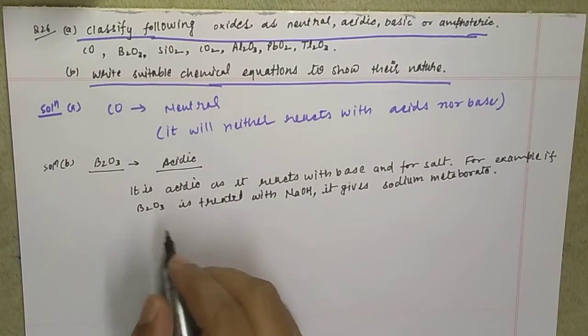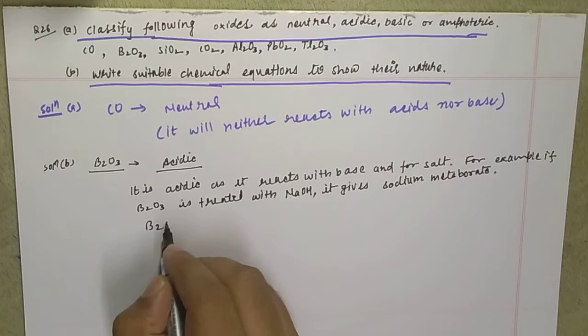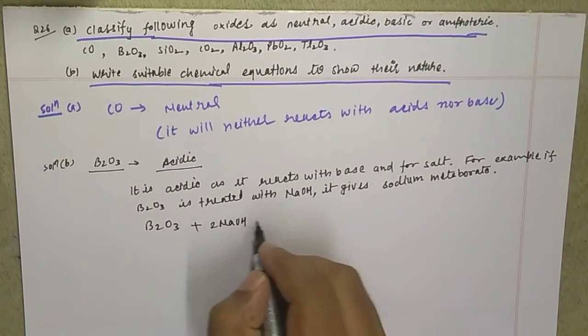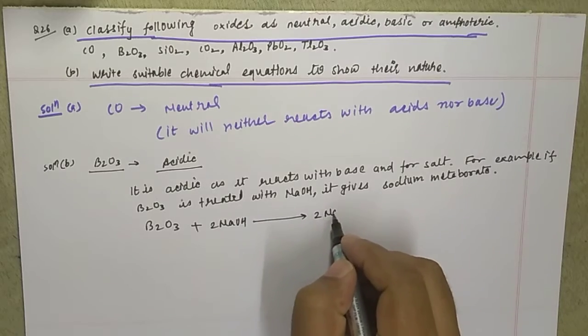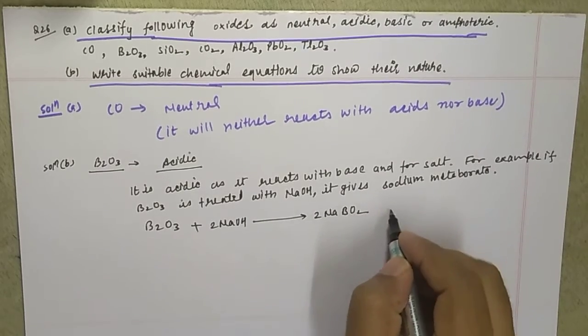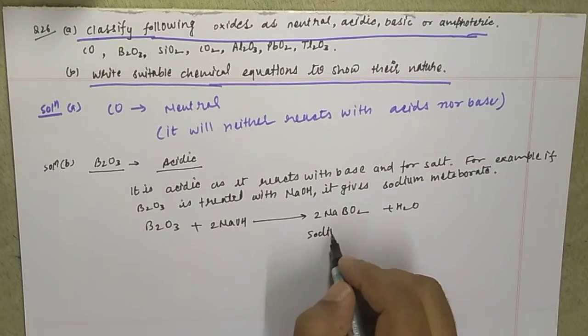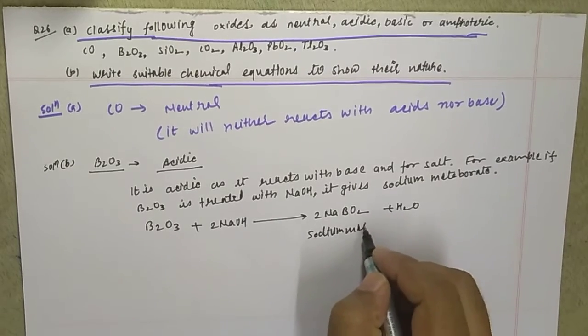Now see the equation: B2O3 plus 2NaOH gives 2NaBO2 plus H2O. This is nothing but sodium metaborate.